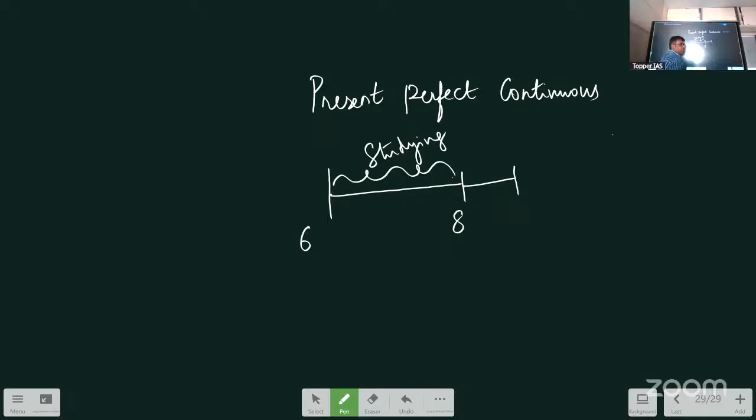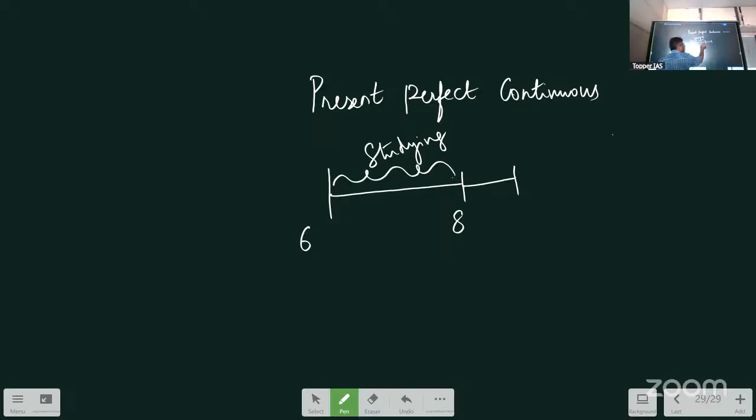So now his mother has to tell what Taufik was doing and for how long. When I have to tell how long something went on, we use present perfect continuous.